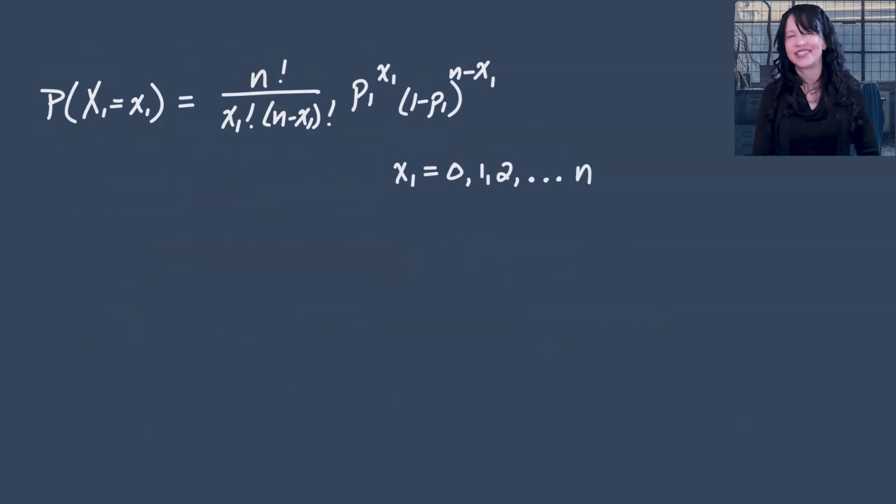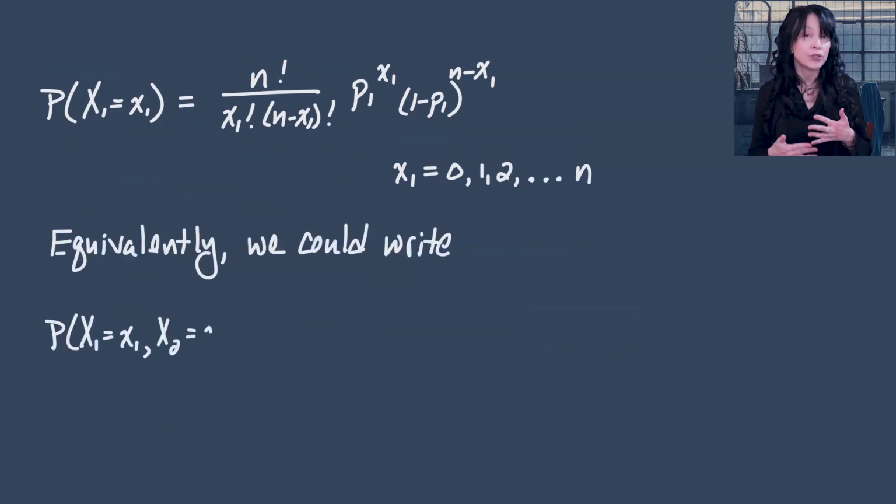So now let's write this a little bit differently. I'm going to look at the joint probability that capital X1 equals some little x1 and capital X2 equals some little x2. Now, if these two small x's do not add up to n, then this is not happening, and this probability is 0.